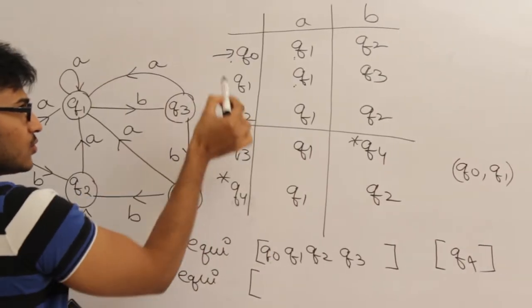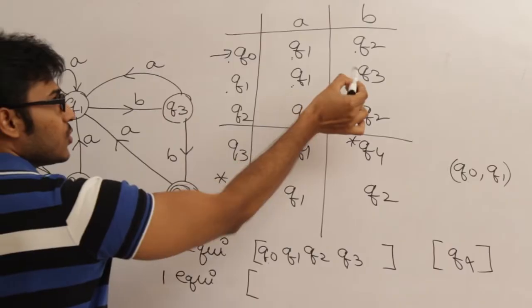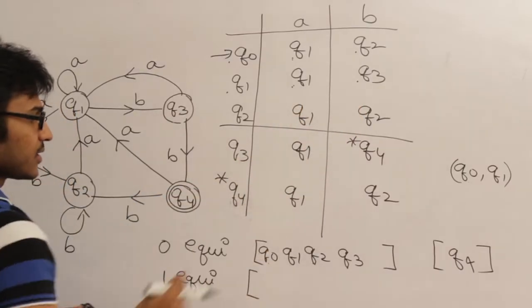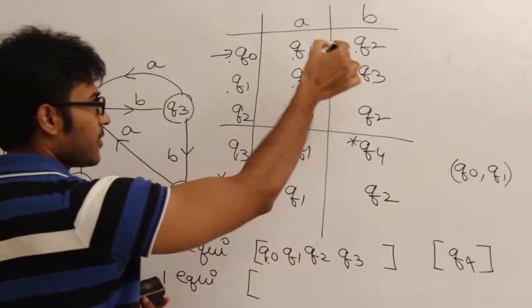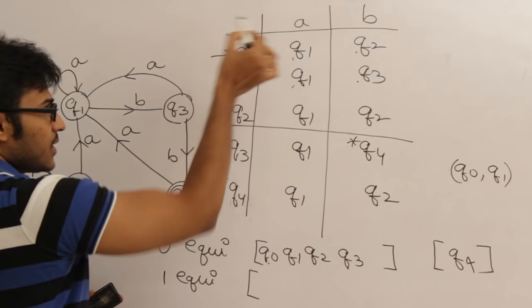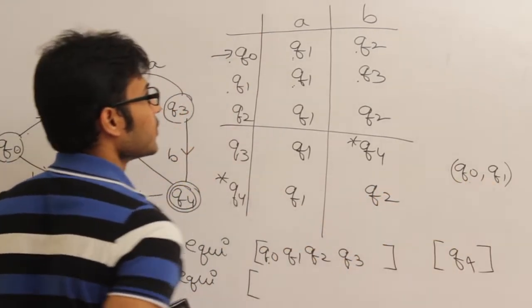And Q0 on B is going to Q2, and Q1 on B is going to Q3. In the zero equivalent states, Q2 and Q3 are in the same group. I'll just draw a diagram here and I'll show you. Now I'm checking for one equivalence of Q0 and Q1.